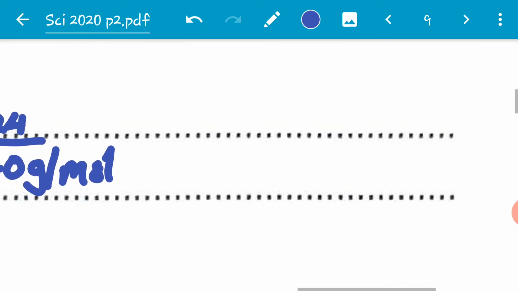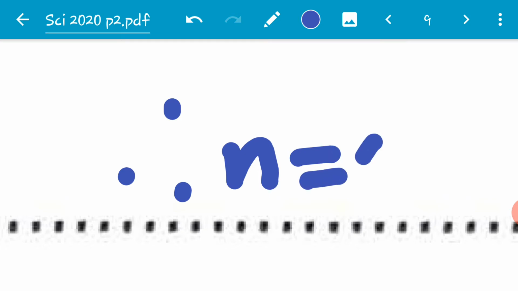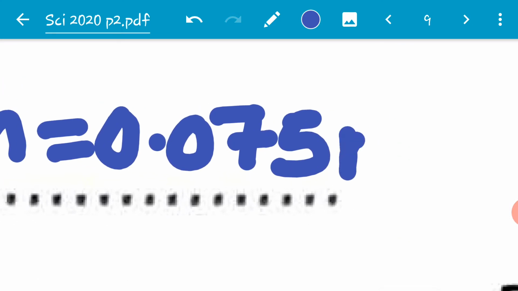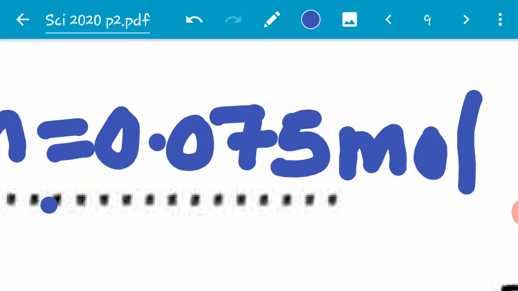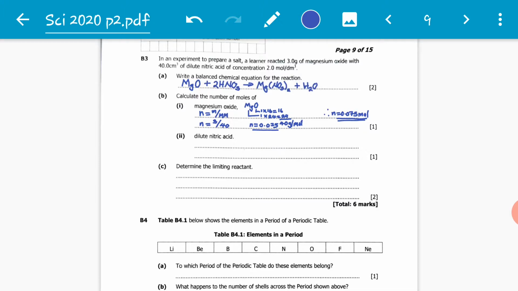Therefore, N is equal to 0.075 moles. So this is our final answer. So there we have it. We have just calculated the number of moles of magnesium oxide.